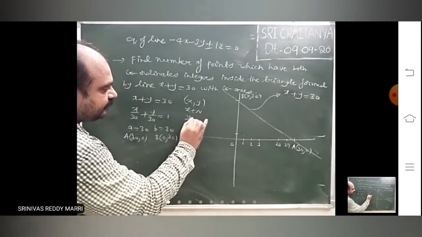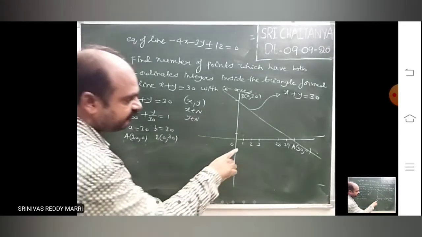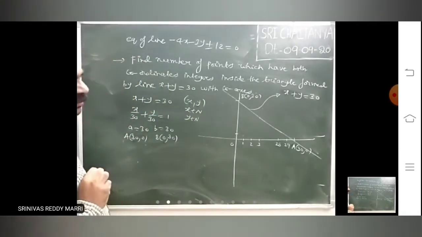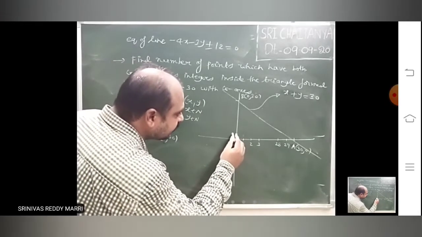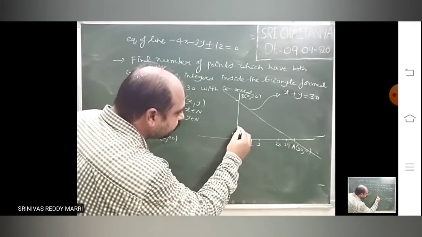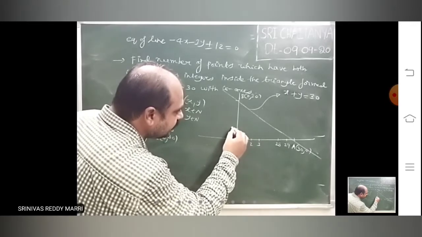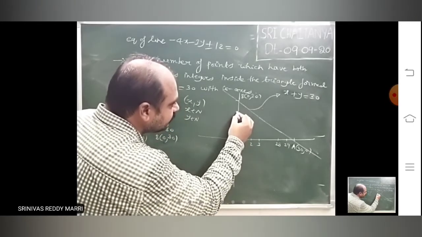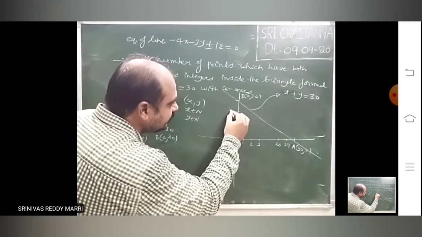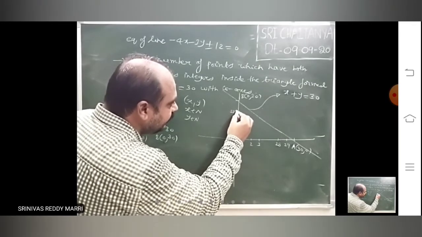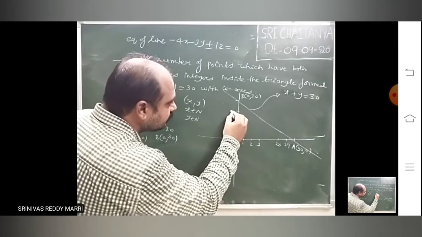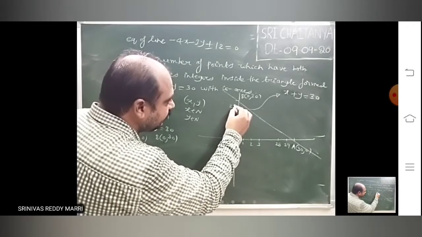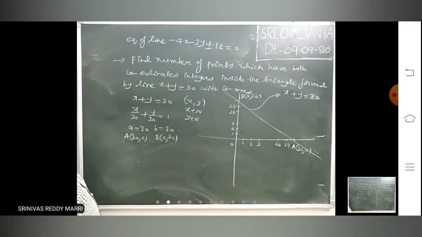X is a natural number, y is a natural number. For that, what are the possibilities? X from 1 to 29 only. So the y values: 1, 2, 3, and finally 28, 29. So these are the possibilities.